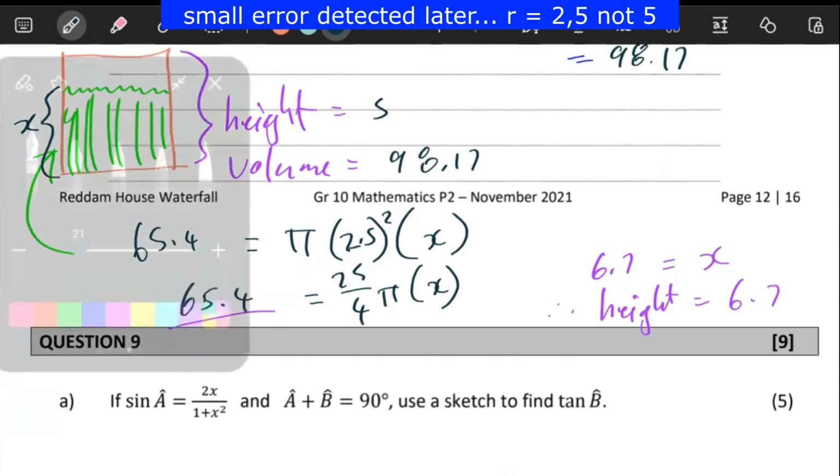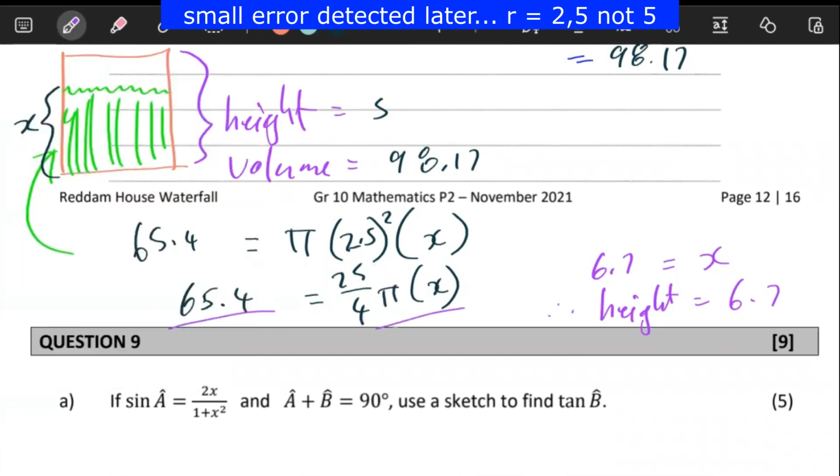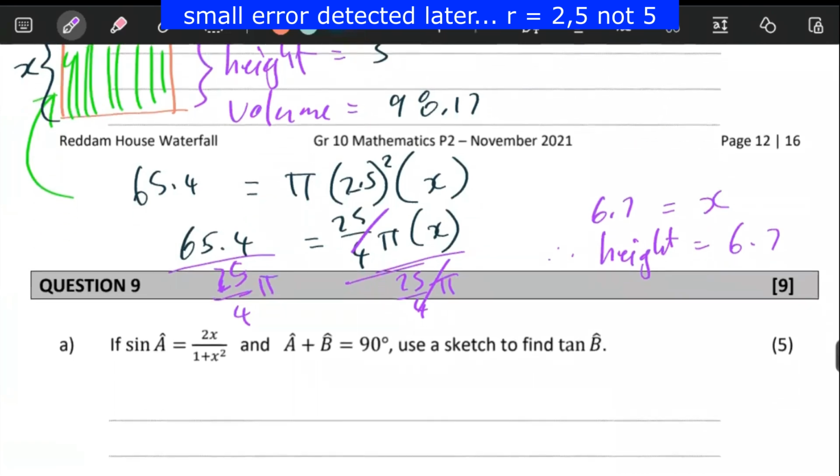So you'd have divided by 25 over 4 pi. This cancels this, and then 25 over 4 pi. You see. Now, what does this give us now?